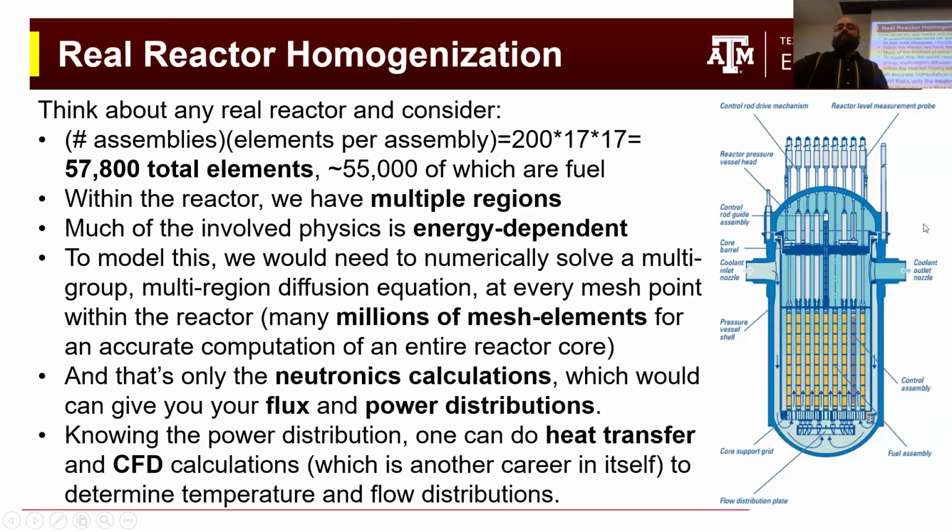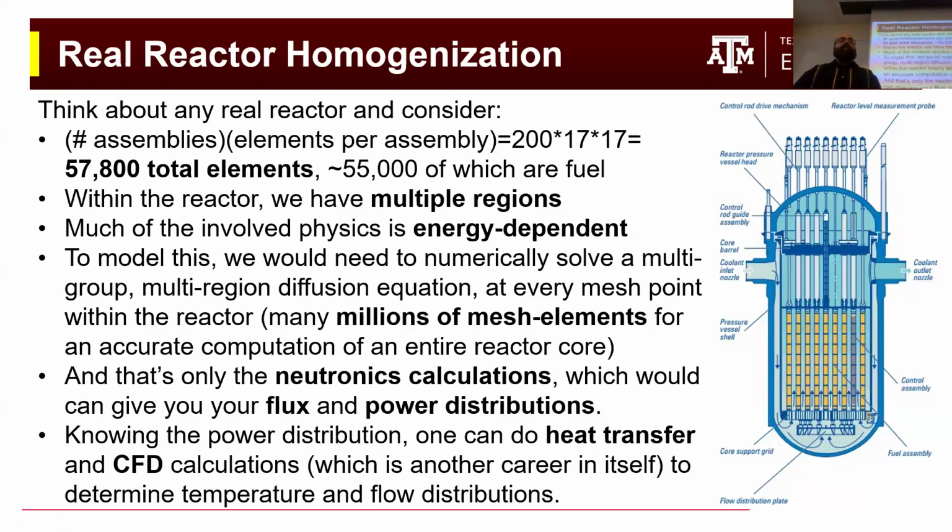So in your reactor system, you've got multiple regions. The physics involved in these interactions is energy dependent. If we wanted to attempt to do anything realistic with a reactor like this, with this many fuel elements, if you're thinking about solving it on a computer, for example, you're talking about an incredibly computationally expensive task. If you want to model a full reactor core with all of those elements, each of those elements you're going to have to break up into little pieces.